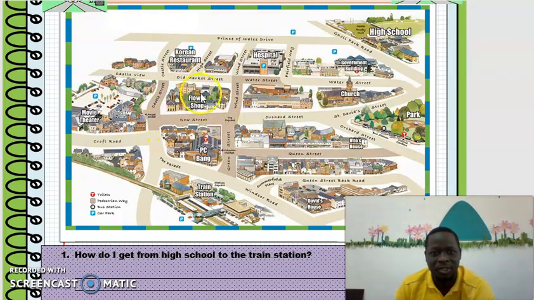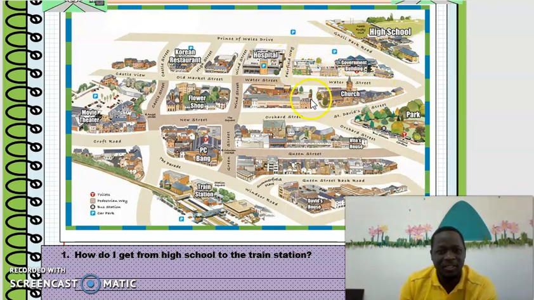We have the New Street, the Old Market Street, the Water Street, the Castles View Street, the Coffee Road, the Pandit Road, and the Window Road. All these are streets around our town.